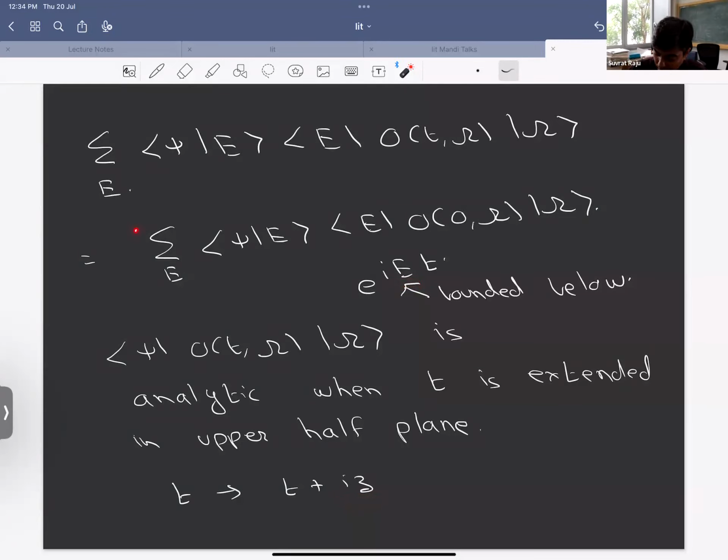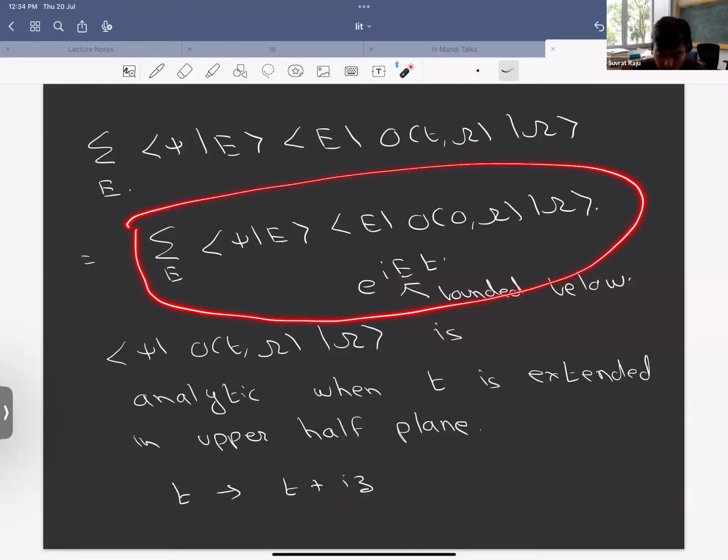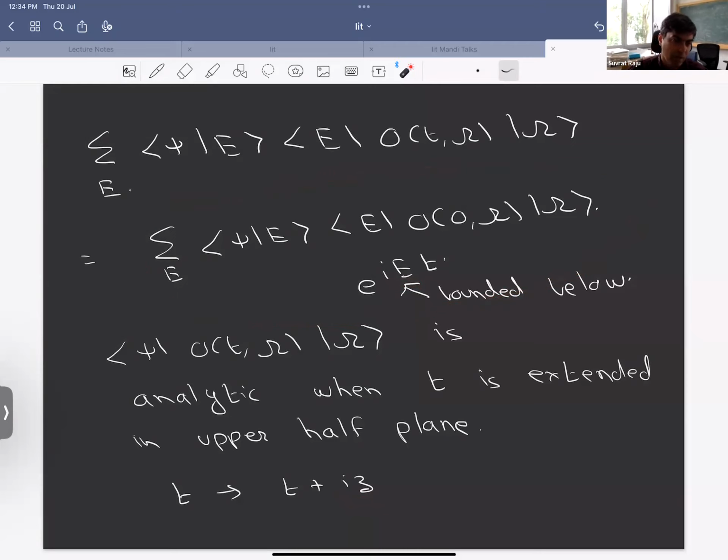So if this initial matrix element was convergent, if the sum over energies was convergent, after adding this factor, it only improves the convergence of the sum. And therefore, if the original matrix element is well defined and doesn't have any singularities, then even after you make this extension, it doesn't have any singularities. It's clear, right? Okay, good.